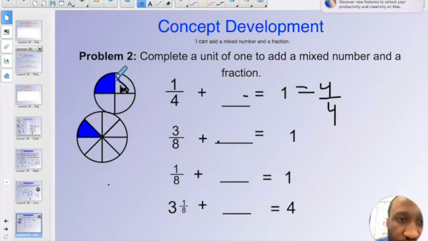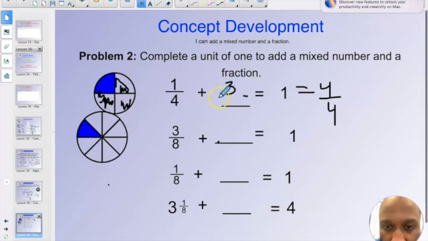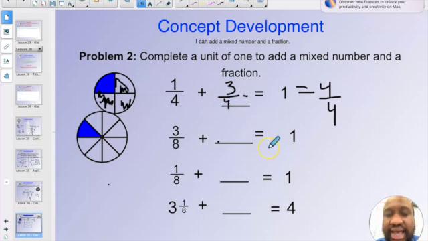I'm going to shade in 2/4, then 3/4, and then 4/4. Altogether, I shaded in black 1/4, 2/4, 3/4. So my answer here is 3/4. Everybody see that? And 3/4 plus 1/4 is equal to 1 whole.